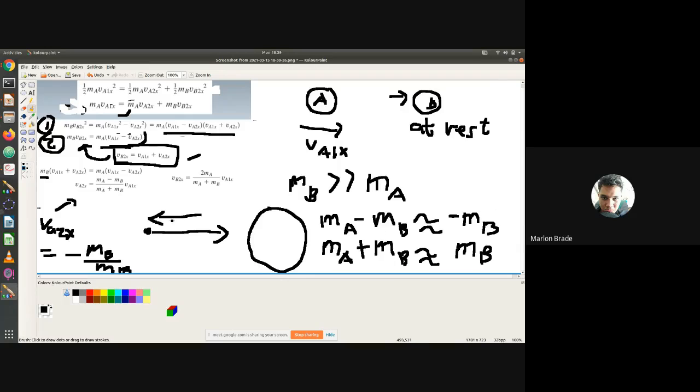Multiply by negative MB all over by MB and multiply by VA1x. Okay? So, unsa na hitabo? Mag-cancel out ni. And VA2x is equals to VA1x.